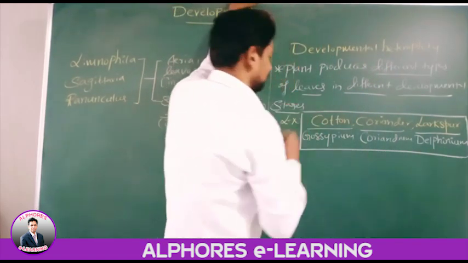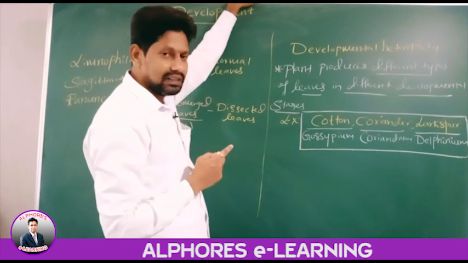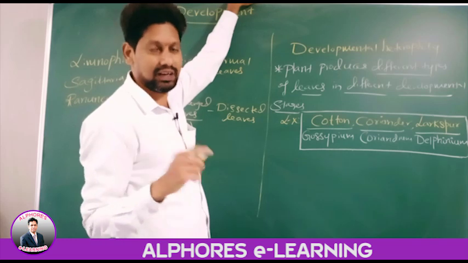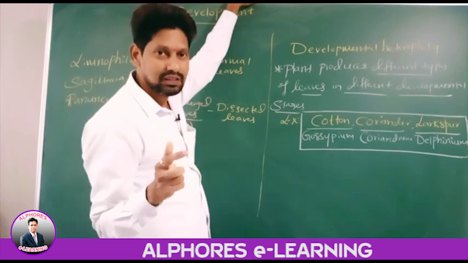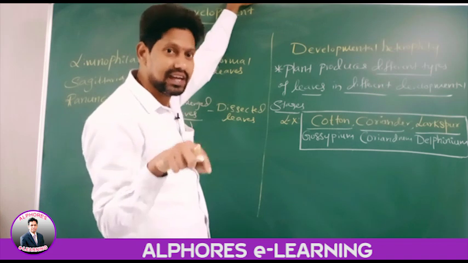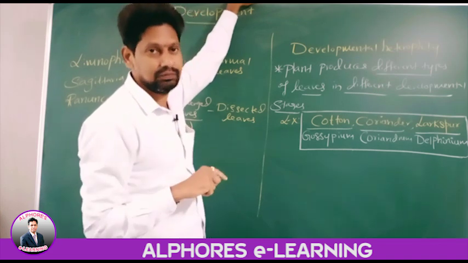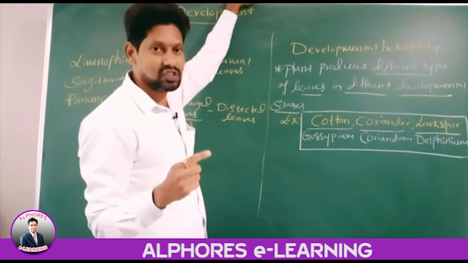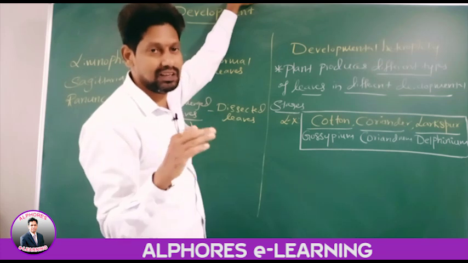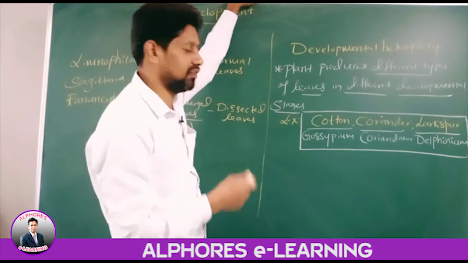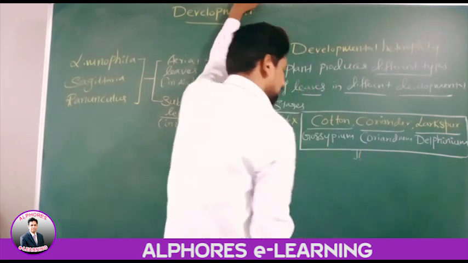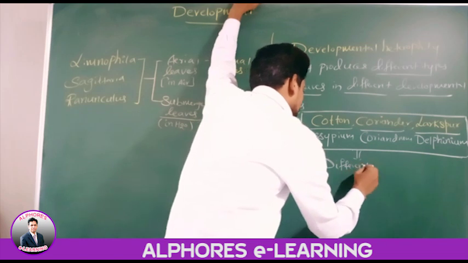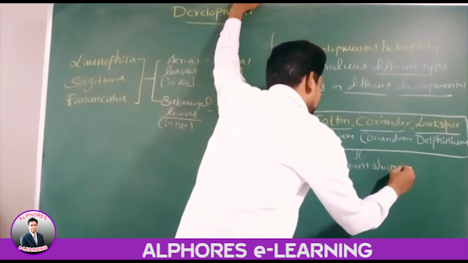Now listen to this statement. In cotton, coriander, larkspur, in the juvenile phase, the young stage, the shape of leaves, and in the adult stage, the shape of leaves is different. Juvenile stage, one type of leaves. Adult stage, another type of leaves. It means in different developmental stages the plant produces different types of leaves.